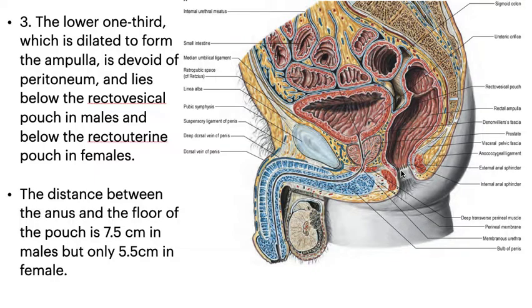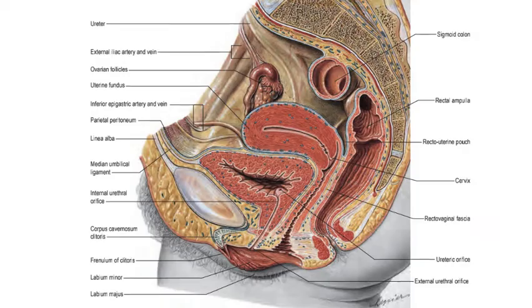This is important while performing a PR examination, a per rectal examination, in case of any accumulation of fluid or any prolapsed ovaries found over here in the rectouterine pouch in females. Here you can see these are the relations, the rectouterine pouch over here.